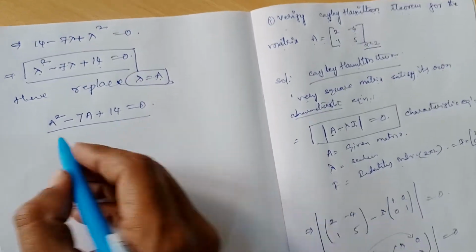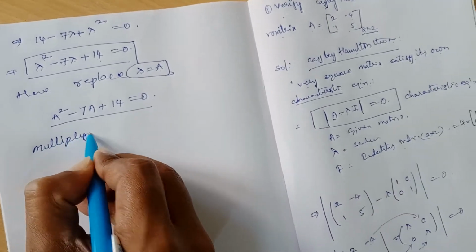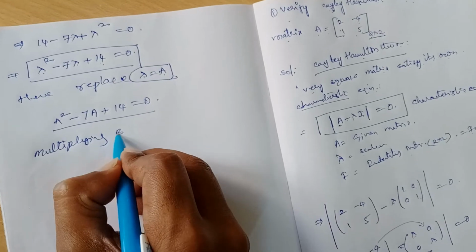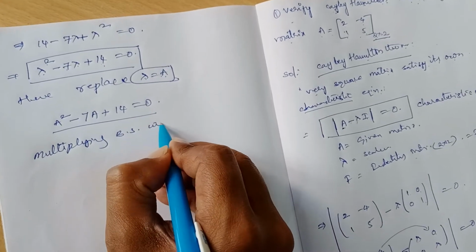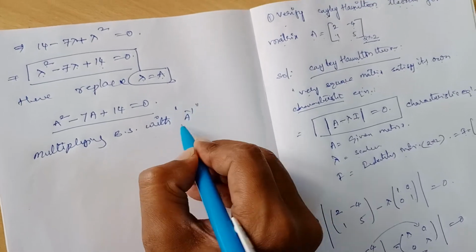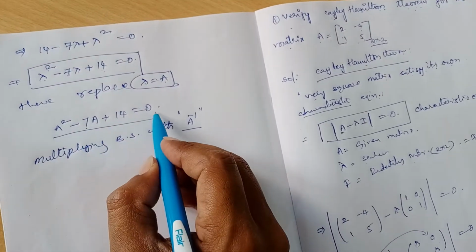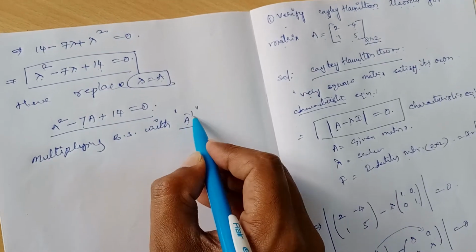Now here multiplying both sides with A inverse. Here we are going to multiply both sides, LHS as well as RHS, with A inverse.